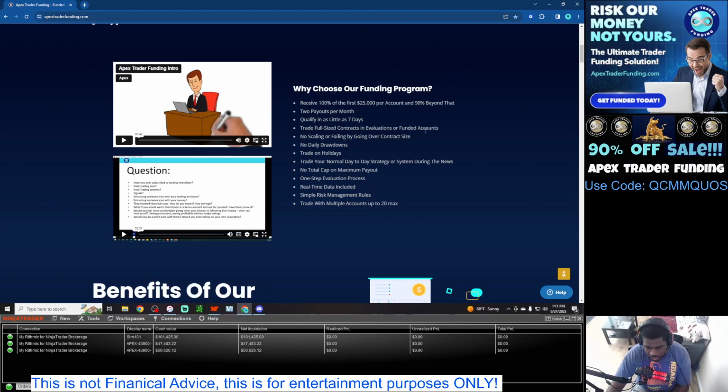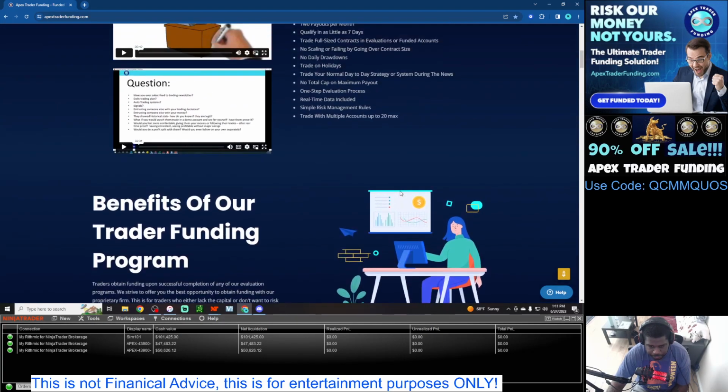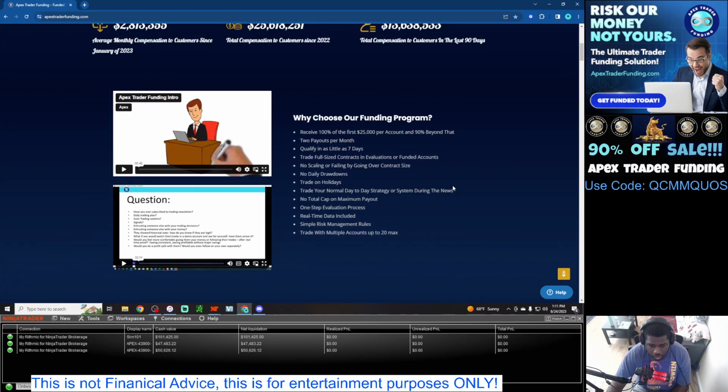You can trade full size on these contracts. Once we get into the actual accounts, you'll see the contract sizes you're able to trade. There is no scaling or falling by going over contract size. There are no daily drawdowns, which is cool, and you can trade on holidays and on Sundays too.